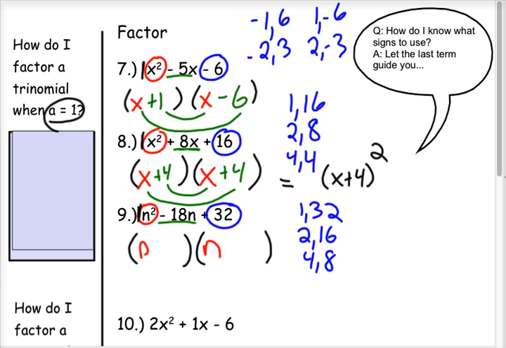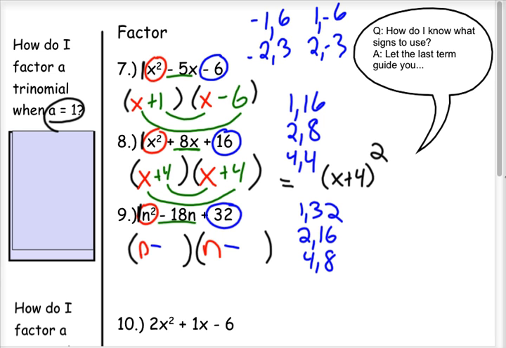Okay, so now what we need to do is think, how are we going to add to a negative number? Okay, so how can we multiply to positive, add to negative? Well, the answer to that is both numbers are going to be negative. Okay, so here I'm going to be putting in two negative numbers.